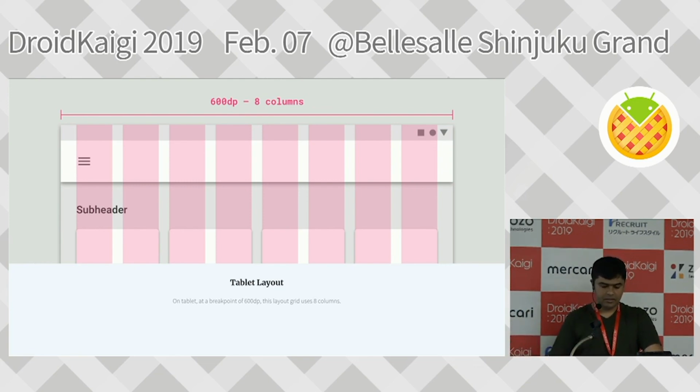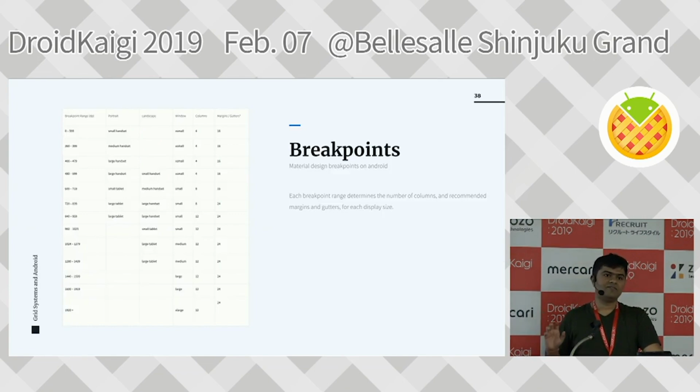Material design provides this very interesting terminology called breakpoints, which gives us different buckets of devices. So in case you're designing for a phone, it specifies that you should have 4 columns, and this is the typical size of the margin and the gutter for that specific breakpoint. It also specifies the breakpoints for tablets and for desktops. This is all there on the material design guidelines page. It also provides all the guidance you need in order to create a grid for that specific device.